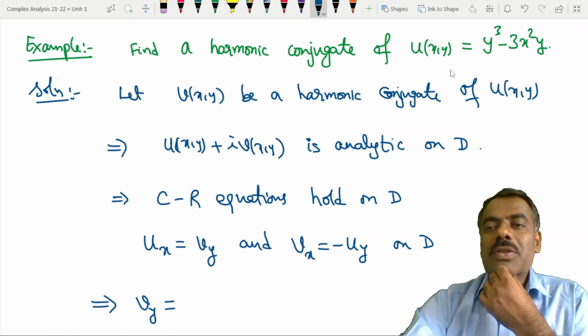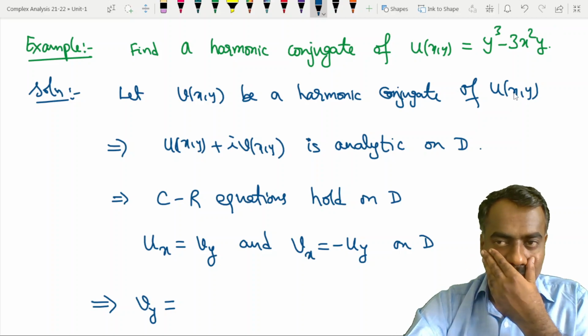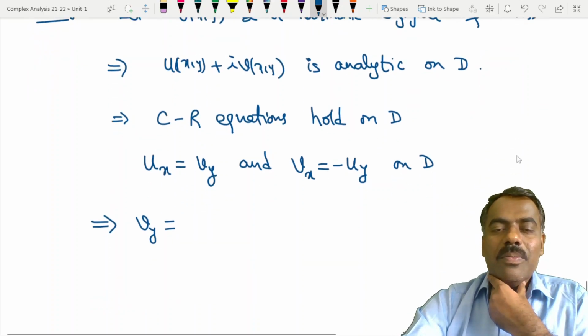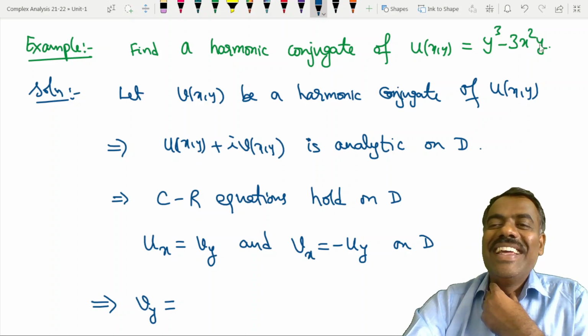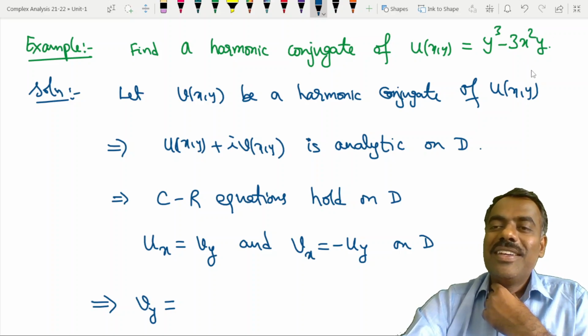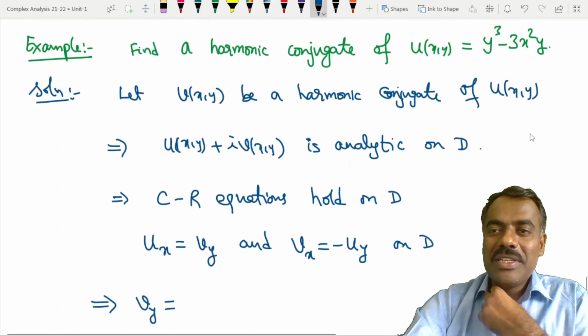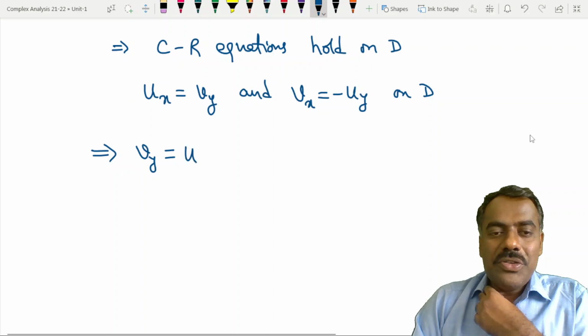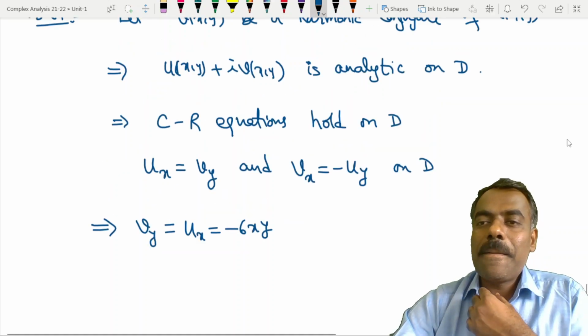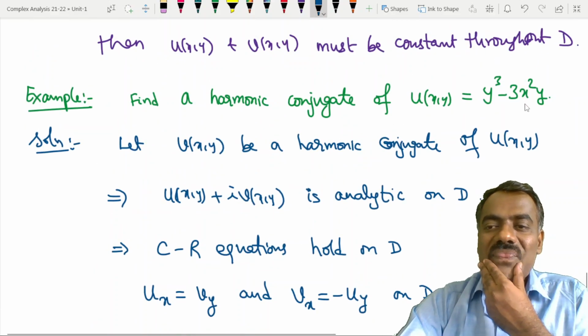What will this become? Minus 6x, and y is there because it is a multiplication. So u_x is minus 6xy. Is that clear?